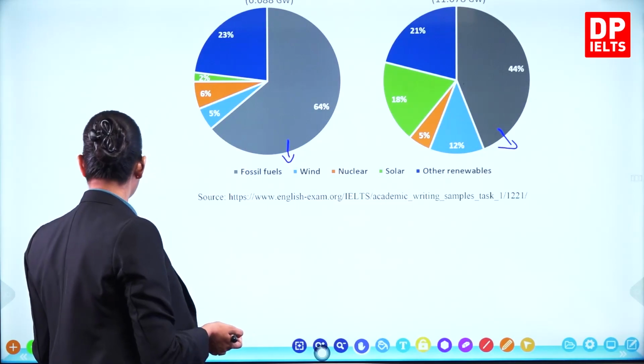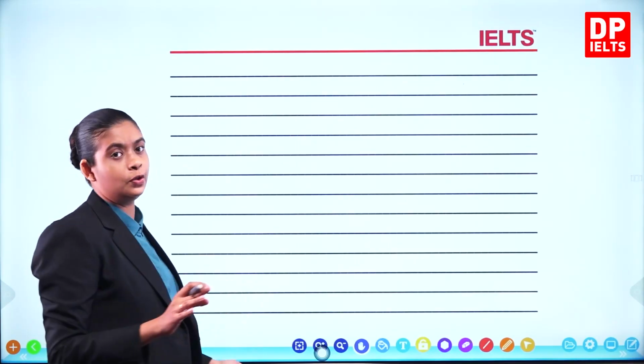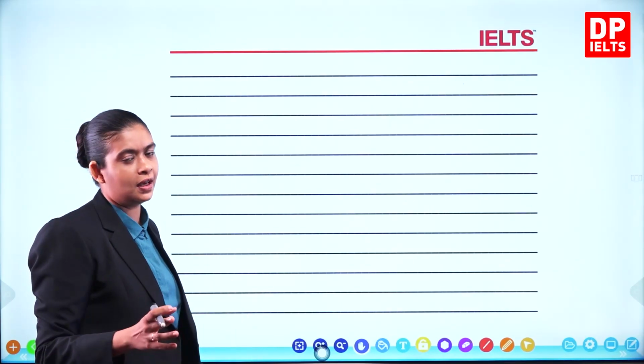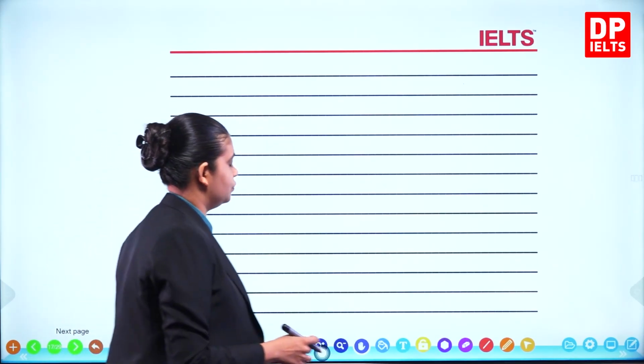Now let us start writing it together. Hopefully you've identified the main features. Let us start writing together. Now let's have a look at the introduction.